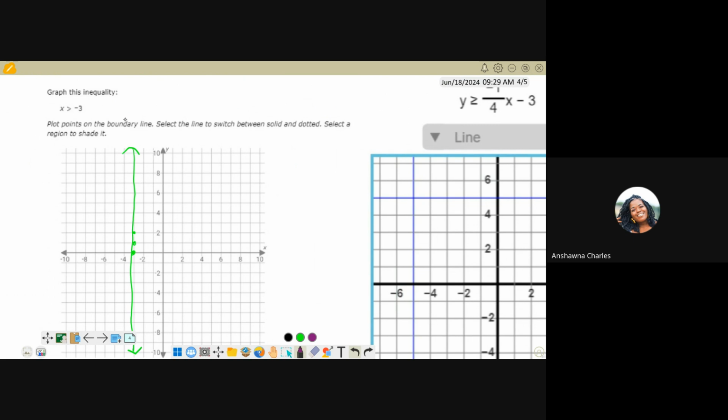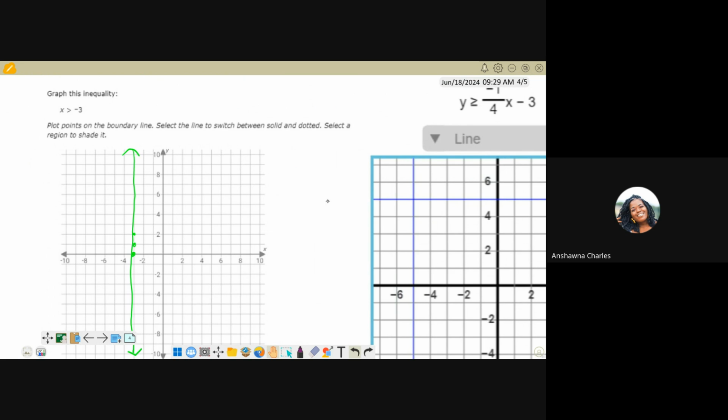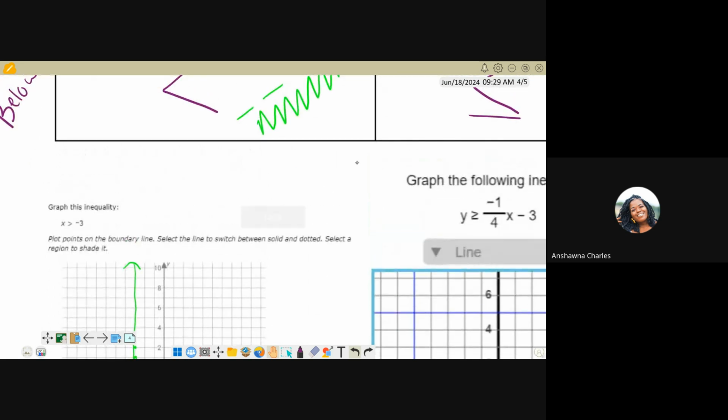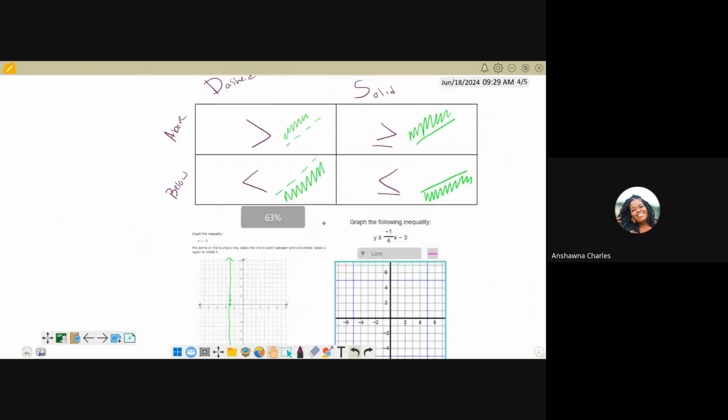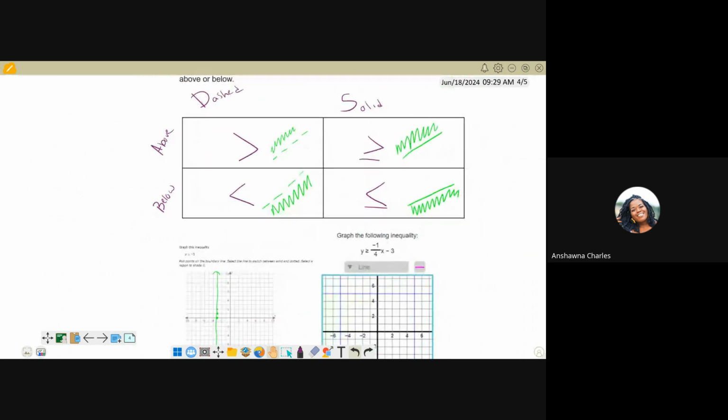Was it supposed to be solid or dashed though? Let's look at this inequality thing up here. That's the hardest thing; I'll draw the line before I pay attention to see which one it's supposed to be. Okay, which one should it be? Is it this one? Is this the same one? It is. So it's above and dashed.